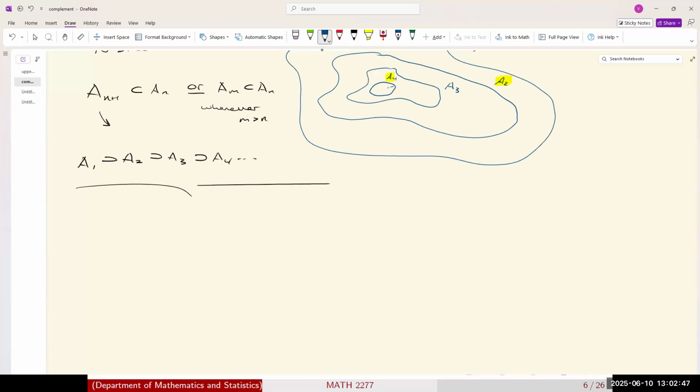You don't need to know the proof, but you should know the statement of the result, because I could ask you what the nested interval property in R is, and then you have to write this result for me.